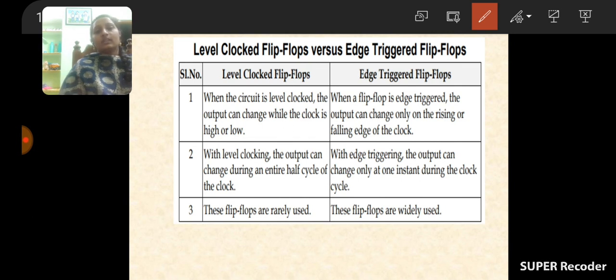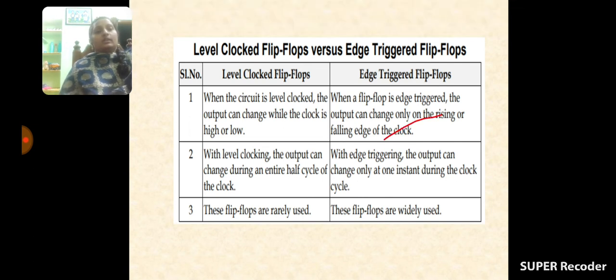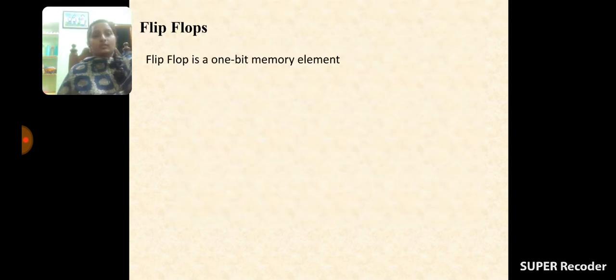With level clocking, the output can change during an entire half cycle, but in edge triggering, the output can change only at one instant during the clock cycle. And level clocked flip-flops are rarely used, but edge triggered flip-flops are widely used.